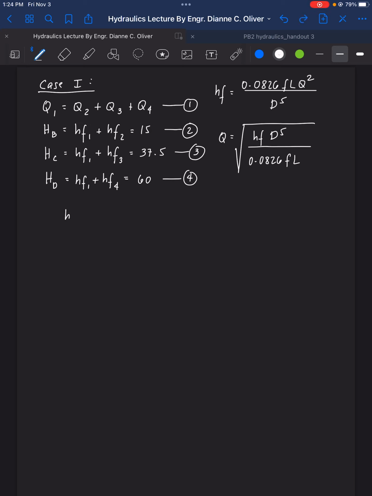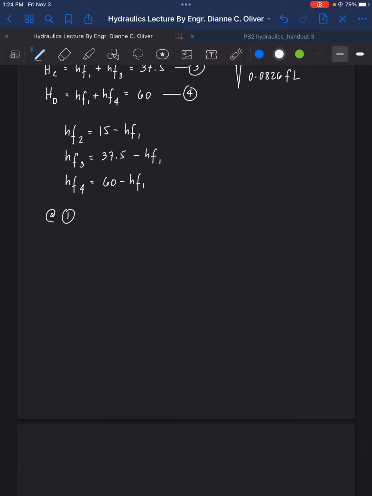So let's have HF2 in terms of HF1. This is 15 minus HF1. So HF3 is equal to 37.5 minus HF1. And then HF4 is equal to 60 minus HF1.